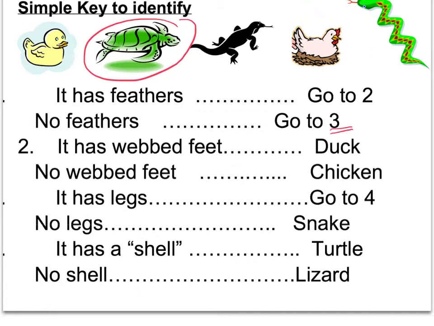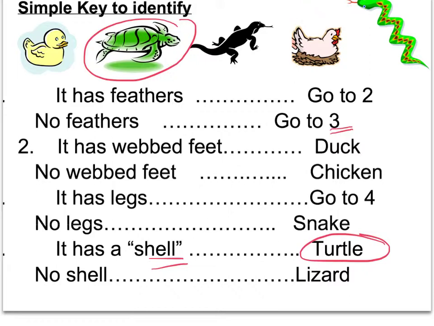When we go to number 3, either it has no legs or it has a shell. Our organism has both legs or appendages and it has a shell, so therefore it must be a turtle. Okay, and we got to this step by going through a system of yes or no answers.